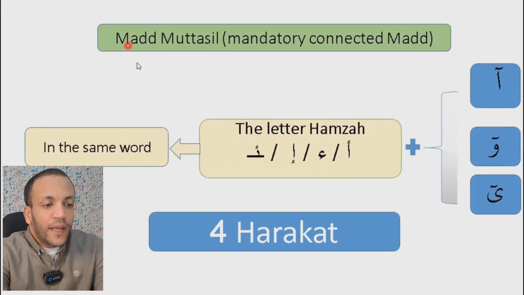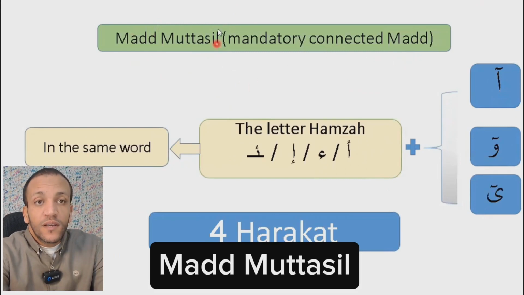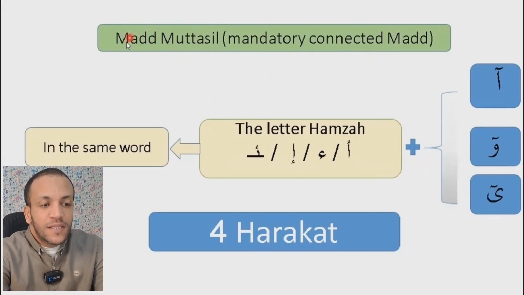We begin with Madd Muttasil, connected Madd. Muttasil means connected. I want you to learn and memorize these names in Arabic, because when we apply these rules in the Holy Quran by reading, I will use these names in Arabic.